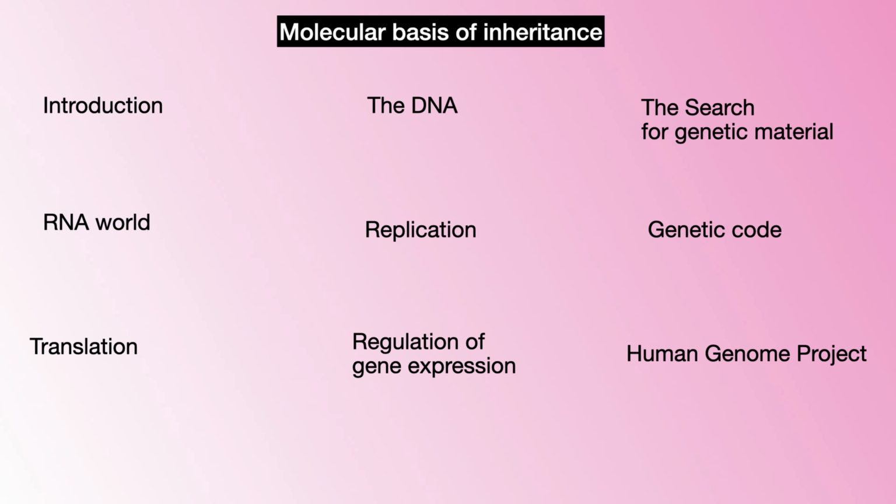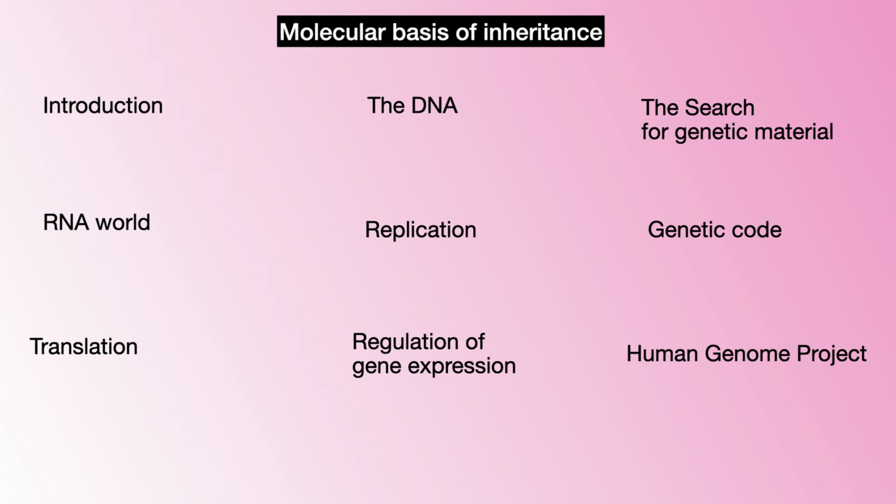Because of this mountain of data, scientists had to use high speed computers for storage and analysis. This gave birth to a new field of biology called bioinformatics. The project was not just about reading code, it had specific goals or targets. First, sequence all 3 billion chemical base pairs.